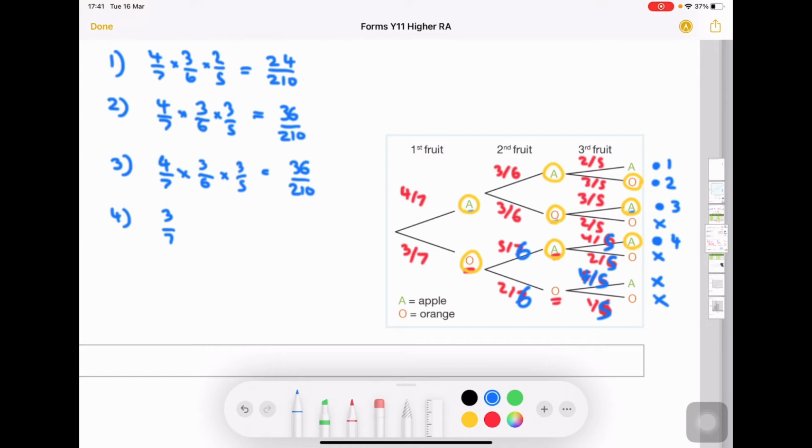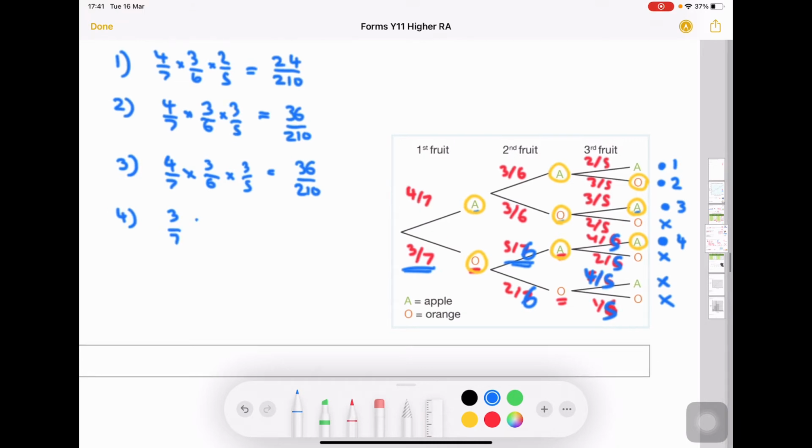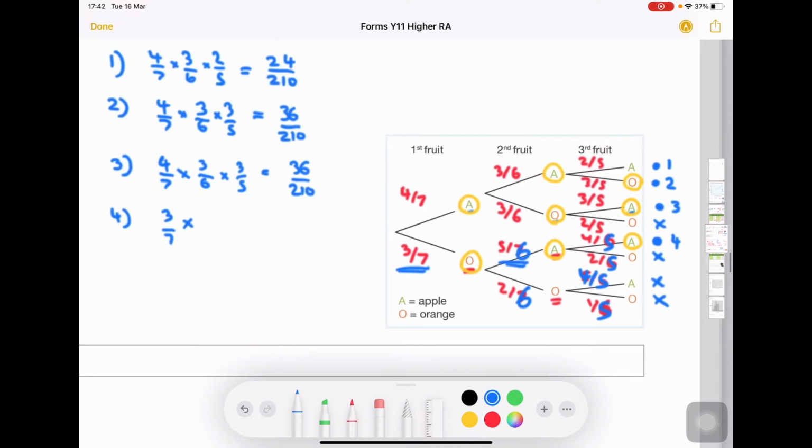So we have 3 over 7 multiplied by 5 over 6. Is that right? Yeah, 5 over 6. This one should be 4 over 6. This one should be 3 over 5.